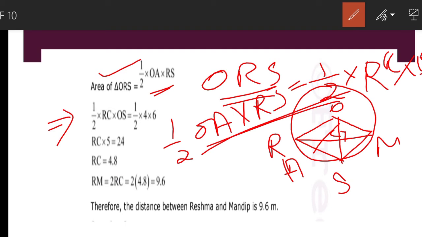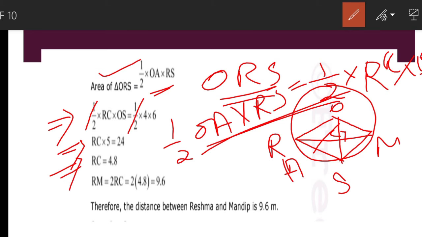For half OA we have got 4 and RS is 6, that was already given. So the half and half cancel each other, so we get RC into 5, OS was 5, equals 24. So RC is equal to 4.8 meter.